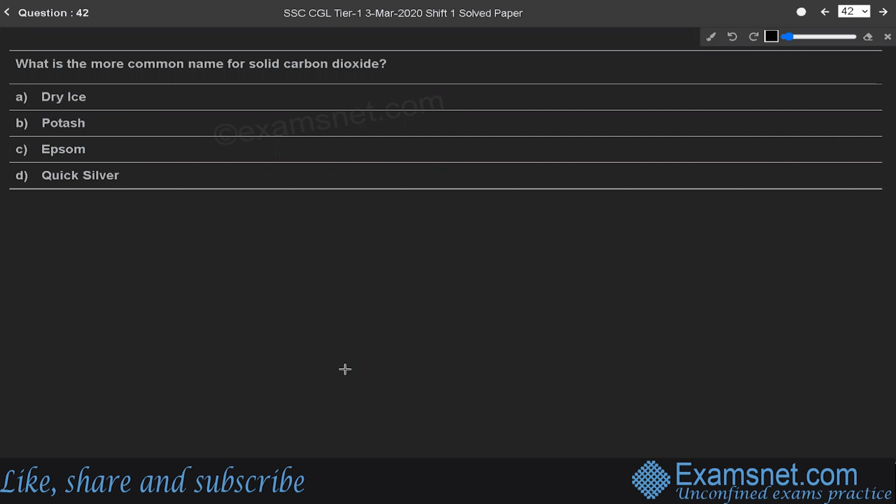Dry ice is solid CO2 and it is used in refrigeration. It is also used for preservation of food. Second option is potash. Potash is mixture of potassium compounds and it mainly contains K2CO3. It is used as fertilizer.